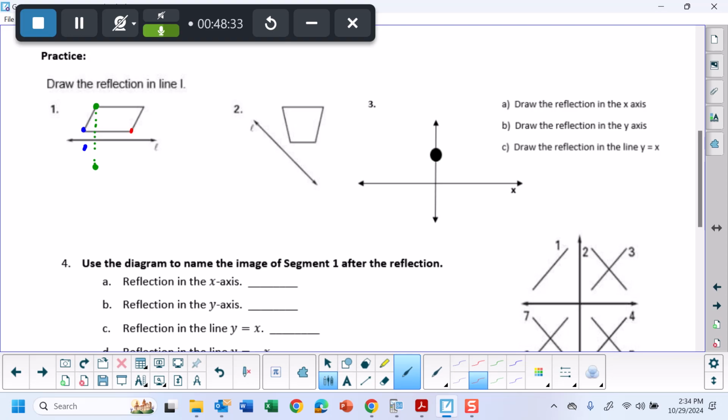If I have this here, those red dots are equidistant from the line. This purple dot is going to be equidistant from the line. Then I can go ahead and trace to draw that shape that's been reflected in the line.